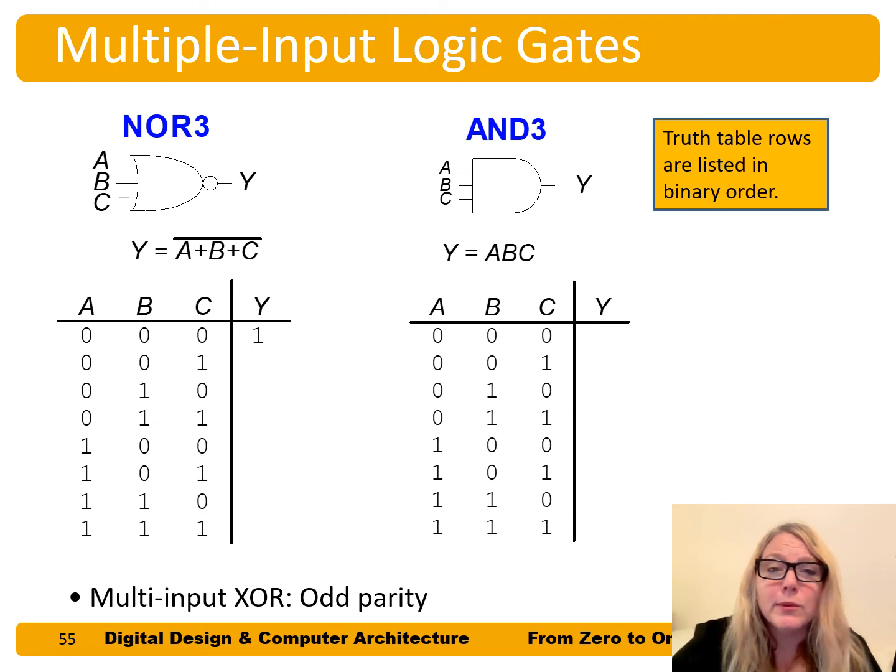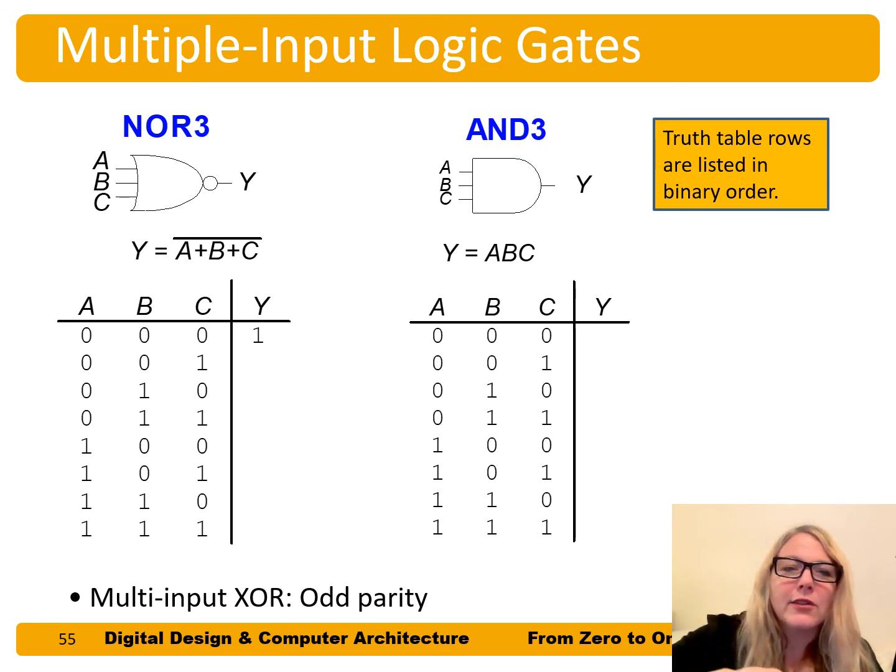So we can also have multiple input logic gates, and they work similarly to the 2-input versions. So here's our 3-input NOR gate, or NOR 3. So now we just have 3 inputs to our NOR gate, but the symbol looks the same. And now our equation is A or B or C, all of that bar. And note that the truth table rows are listed in binary order.